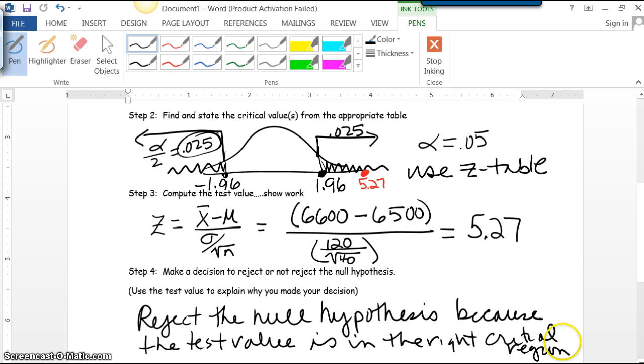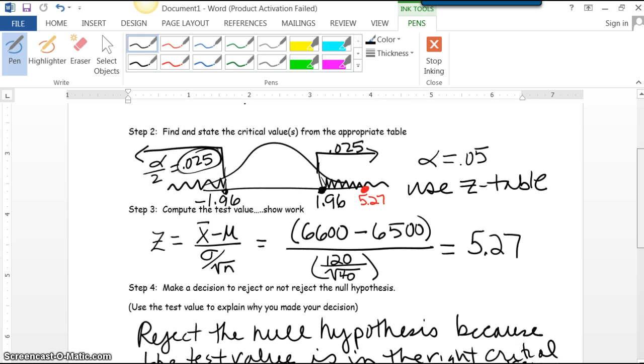And whenever your test value is either over here to the right in this region, or if it had been over here to the left, we would have rejected. If it would have ended up in the center here, then in this step we would have said do not reject. But since it's way over here, we're rejecting the null hypothesis.